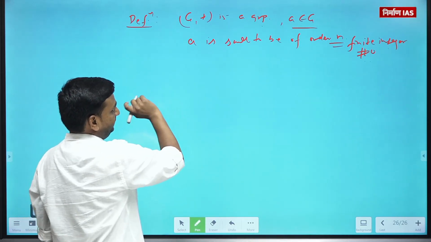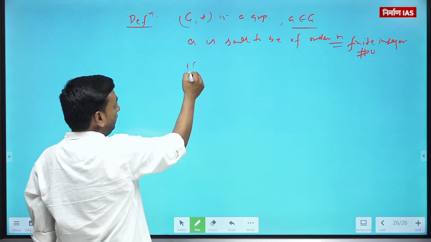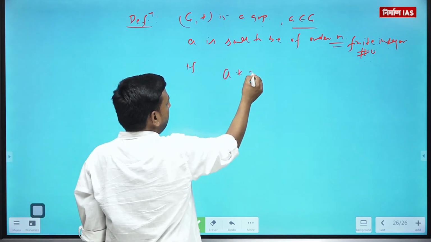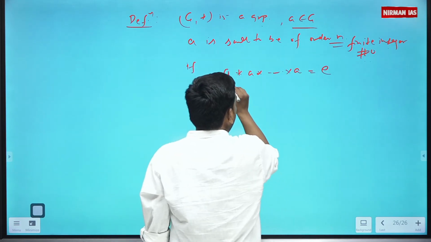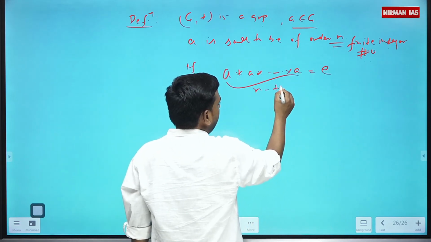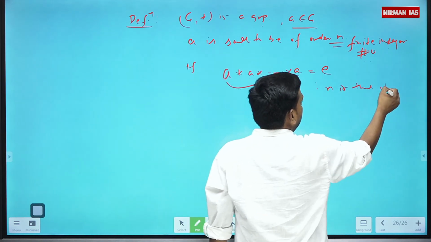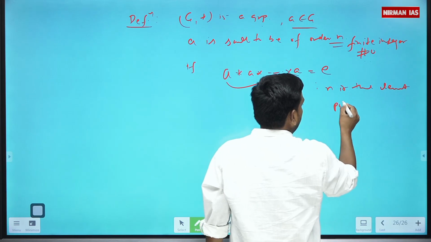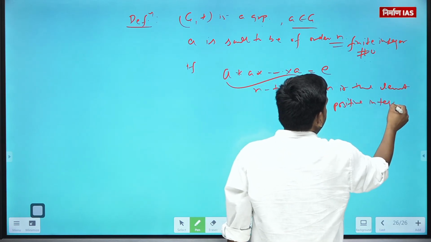such that A is said to be of order N if A is composed N times and you get the identity element, where N is the least positive integer.